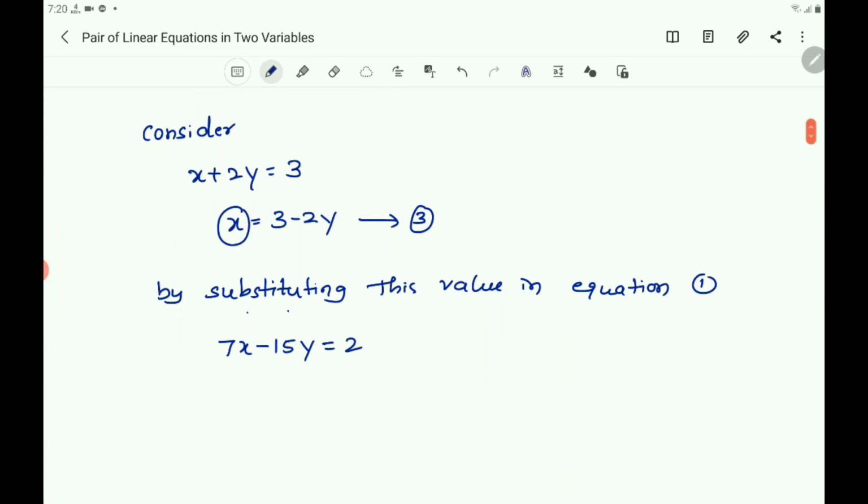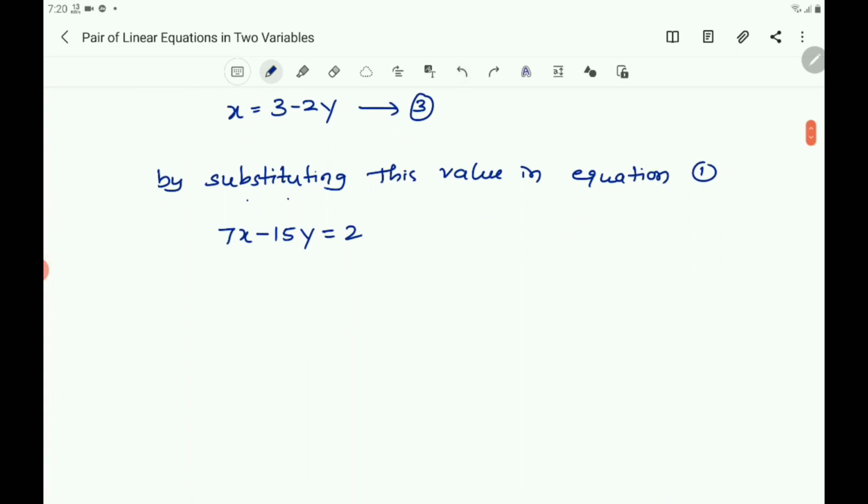Then in the place of x you write 3 minus 2y. So you write 7 into 3 minus 2y, then you write minus 15y equals 2.